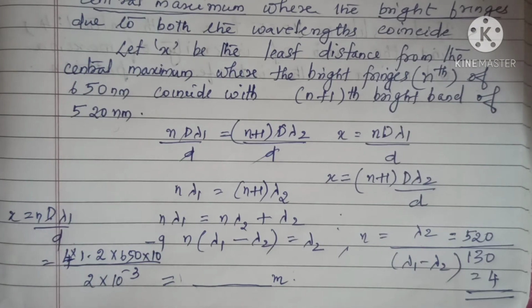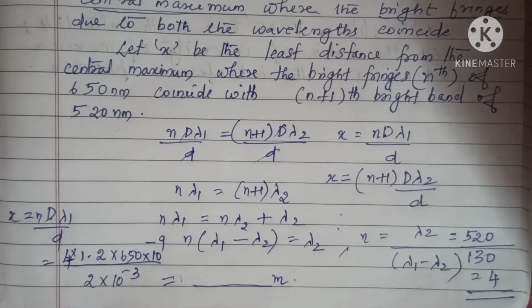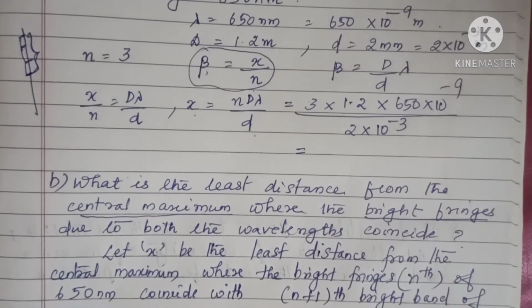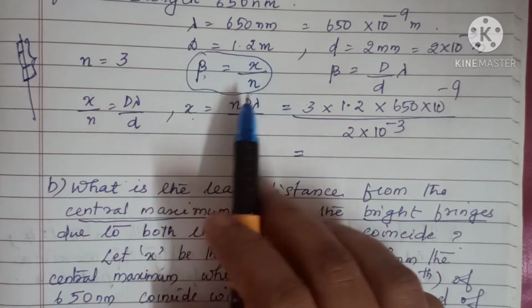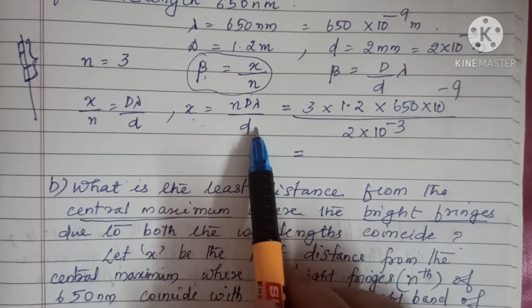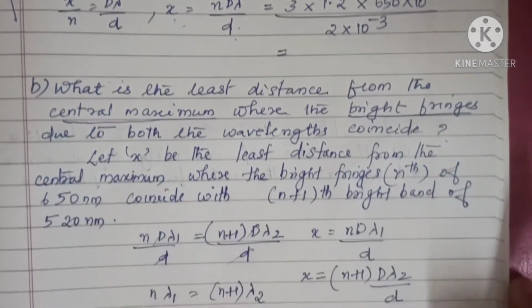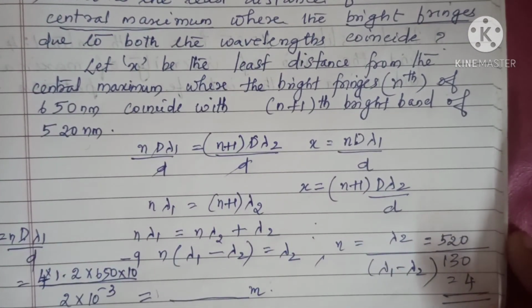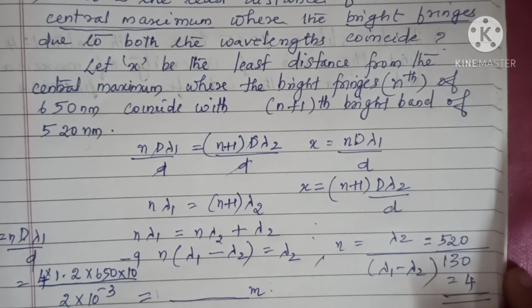So, nice question. This is a textbook question. So go through it. First part is understand this equation, beta equal to x by n. How you got this equation? Then you can find the distance. The same thing here, second case we are applying. That is, we want to find the distance at which the bright fringes due to both the wavelengths coincide.